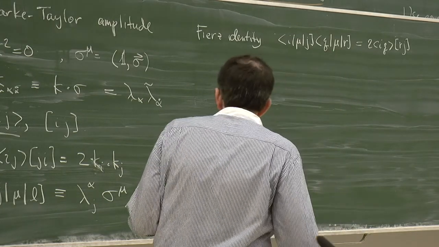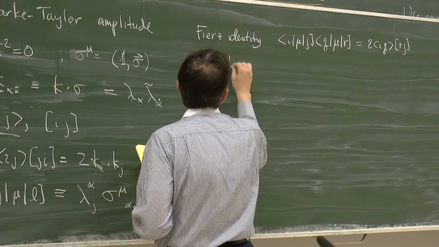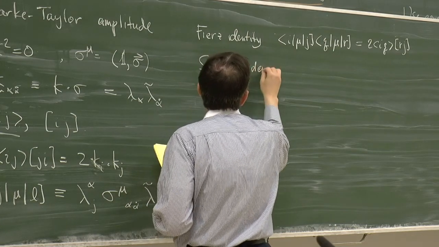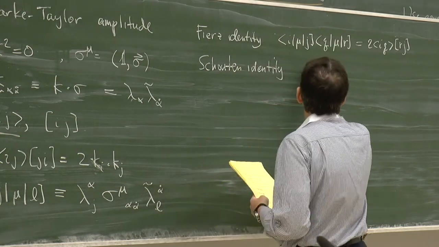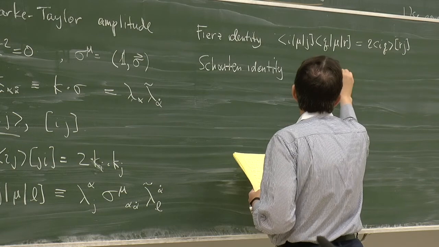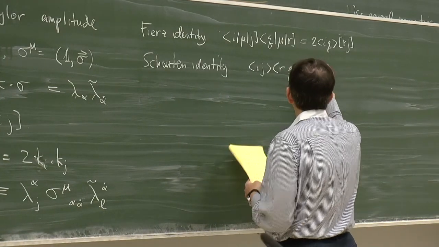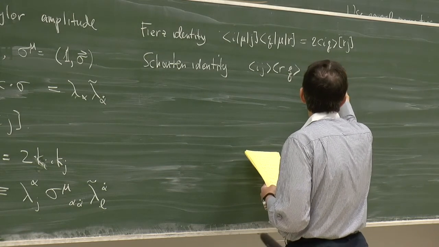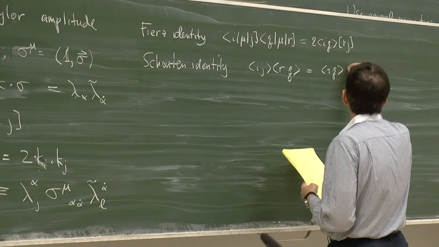So the Schouten identity in this form, again, just as a reminder, is another thing that's very useful. I just wanted to give you a quick mnemonic for remembering the order. You're more likely to use it in this form with all the indices already contracted.